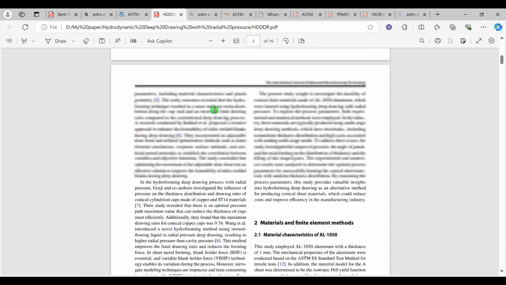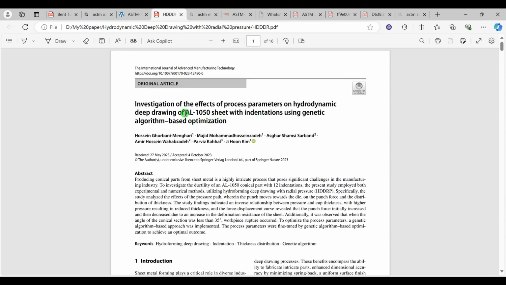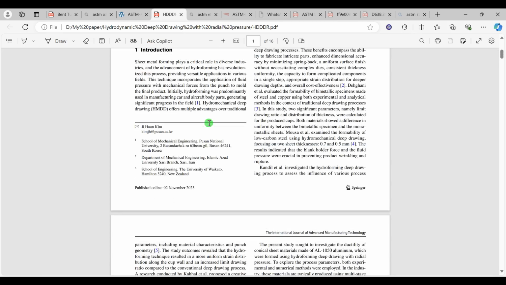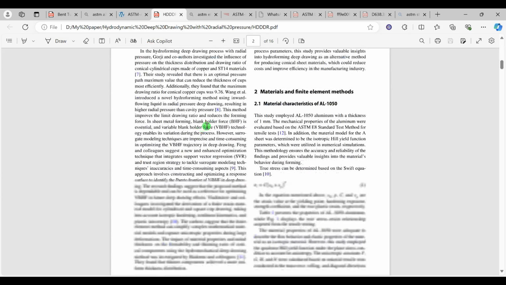Another topic is aluminum sheet or metal sheet. As you can see in this paper, the authors worked with aluminum, and this is related to the deep drawing process. As I already mentioned, you should look for the ASTM word to find the standard the authors used.